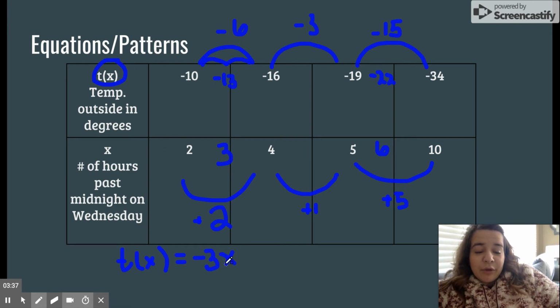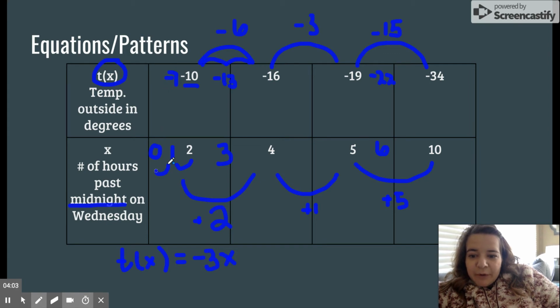Now, what we need to know is the starting temperature. It's tempting to put negative 10 because it was the first number we were given. But we're talking about hours past midnight, so actually, midnight, or 0 hours, would be our starting point. So let's work backwards and get that. 1 hour ago, it would have been negative 7 degrees because it would have been 3 degrees warmer.